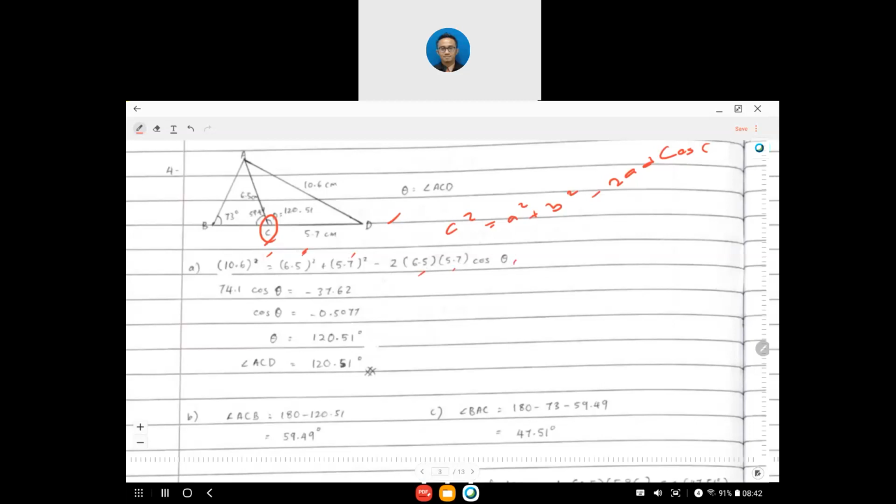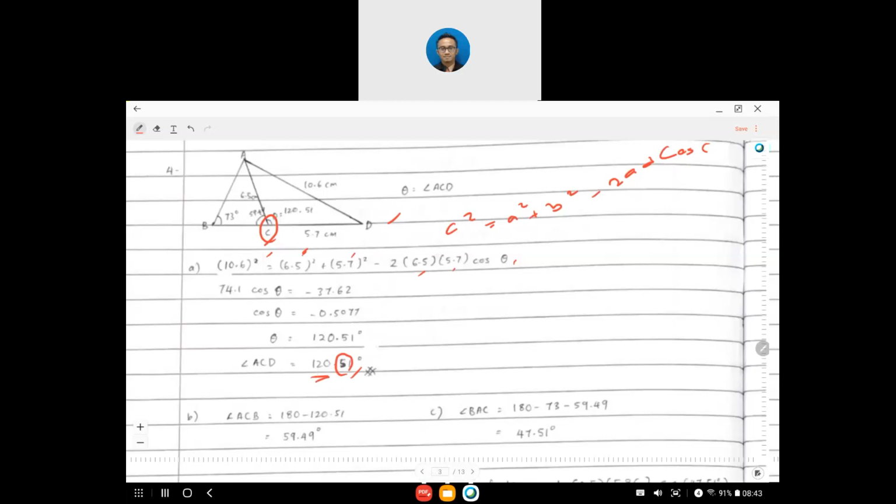So after you calculate, you can get 120.51. Okay, can you get it? Maybe some of you can get a difference at the back. But make sure 120 must be correct.